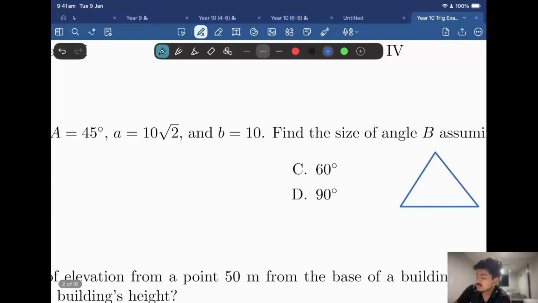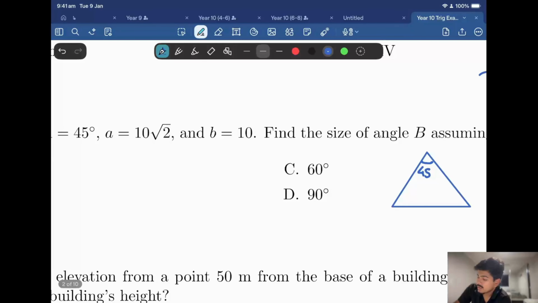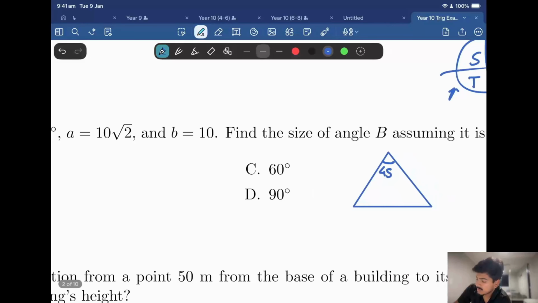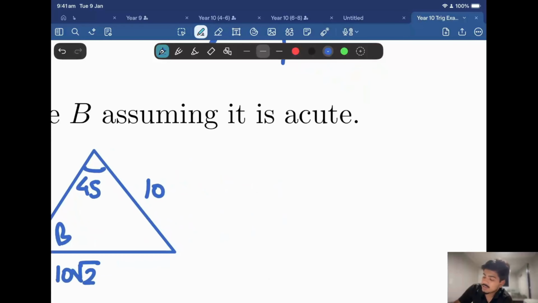Okay, so this is A, which is 45. Side a is the one opposite angle A, so that's 10 root 2. And then b, you can just let this one be b, that's 10, okay? So we want to find this, right? So you have two angles and two sides, so we're going to be using sine rule.